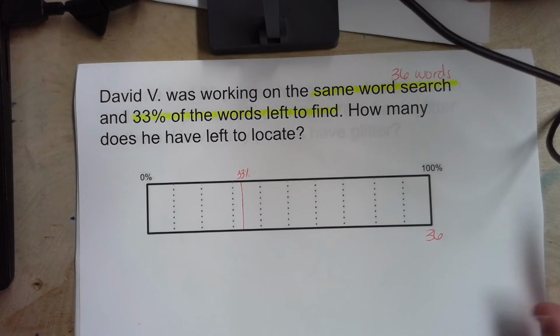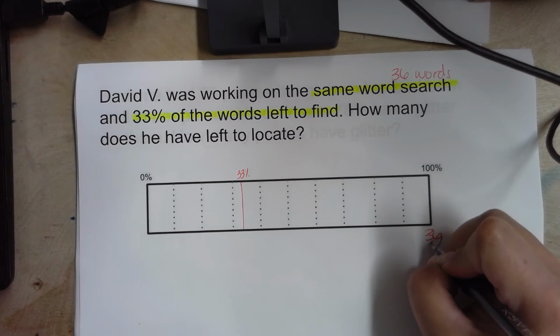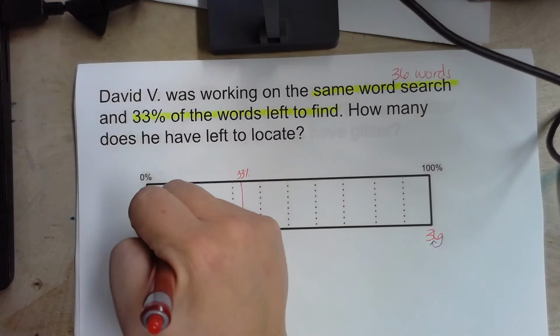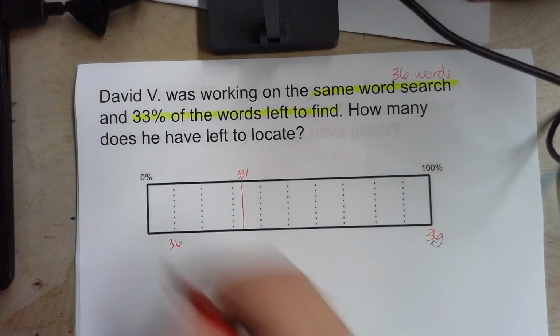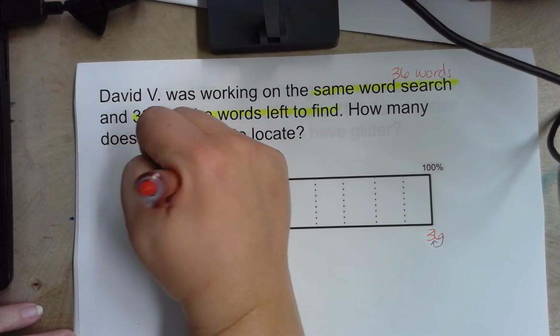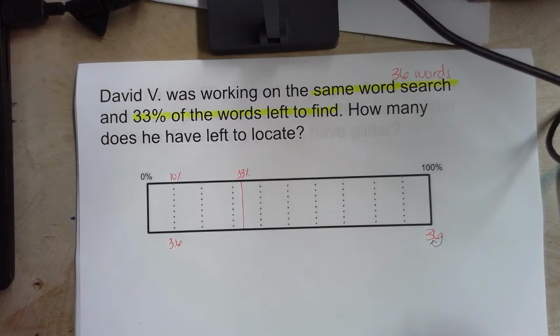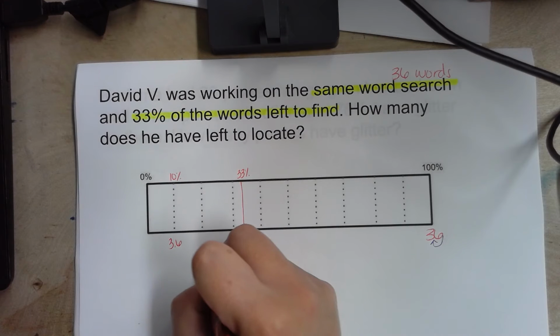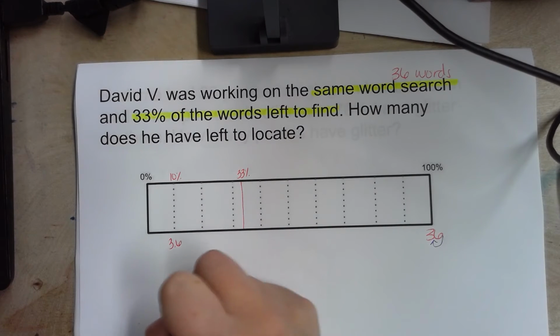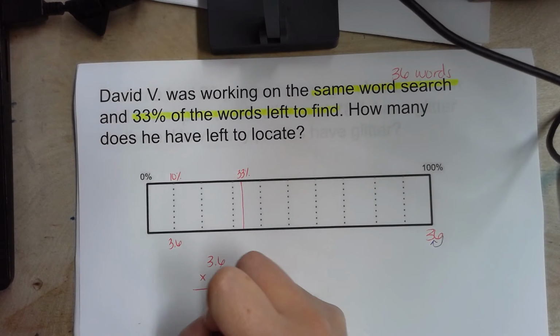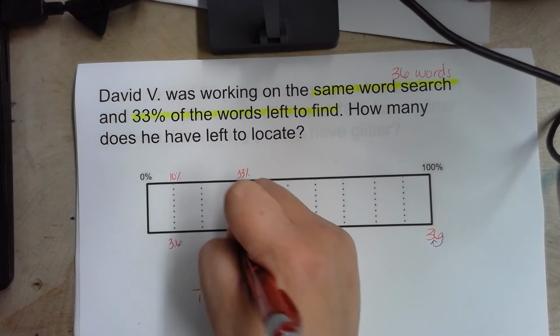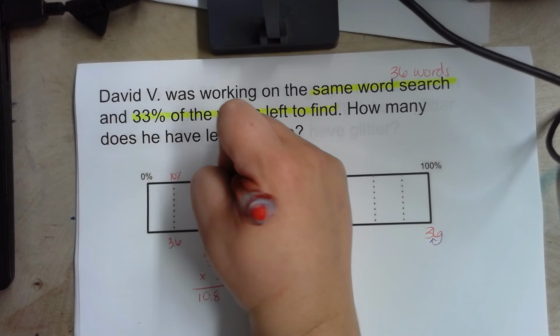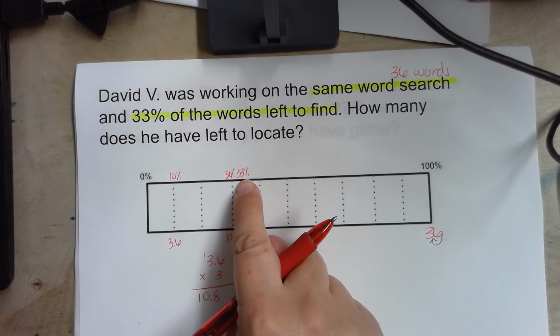Okay. So we're going to do a place value shift to get us to 3.6. So we'll do 3.6 times 3 to get us up to 30. So 10.8 would be 30%. Now how are we going to find this other 3%?